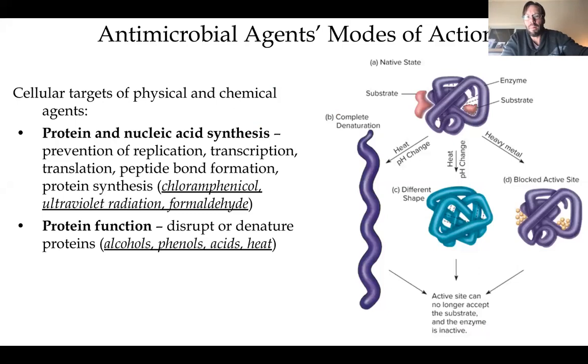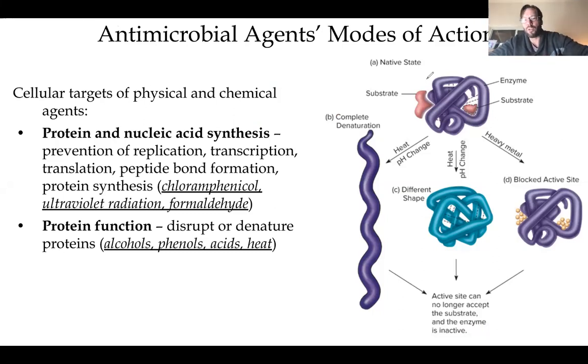Another way to destroy pathogens or to destroy microbes that cause food spoilage in particular is to denature their structural components, right? So we're taking the protein that has a very specific shape, and we've talked about this a lot now, that a particular conformation of a protein designates a very specific function for that protein.